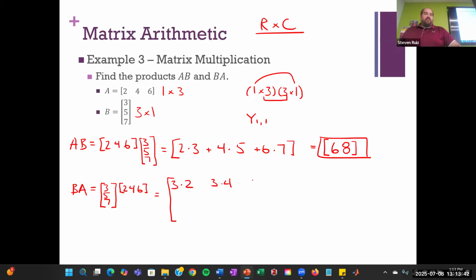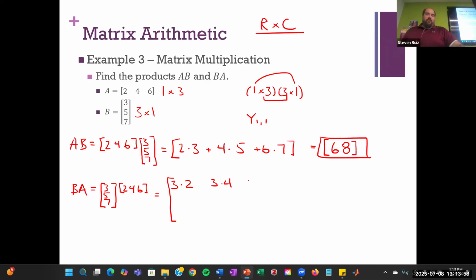The way we do this, it's always you take an entire row from the left-hand matrix, multiply it by a column of the right-hand matrix, right? What do the rows look like in this matrix, though? They're just singles, right? Same with the columns here.